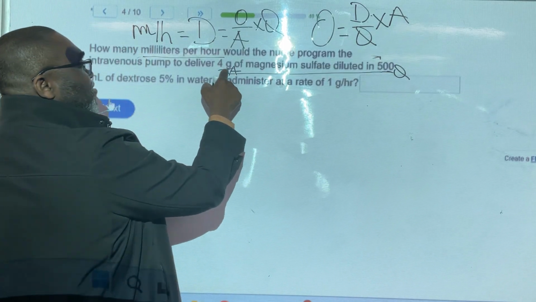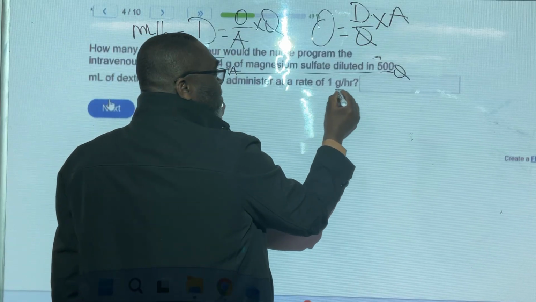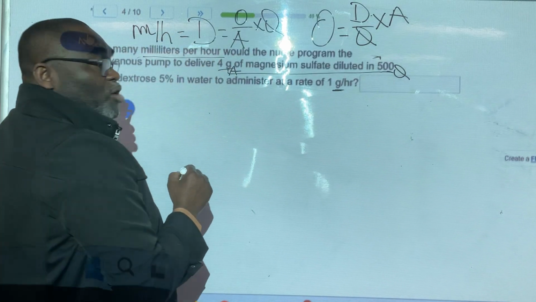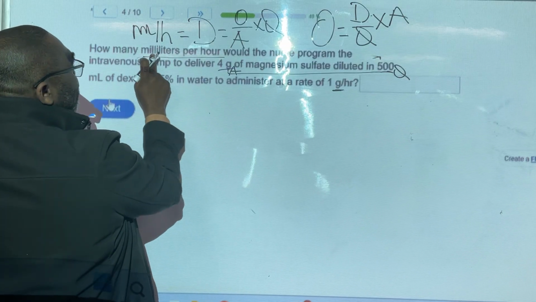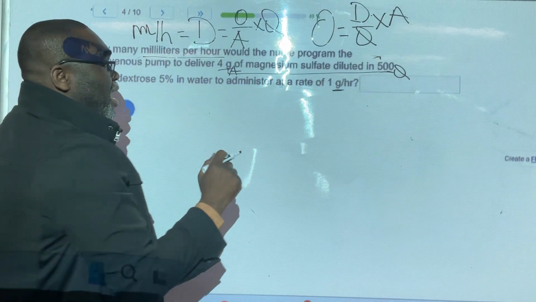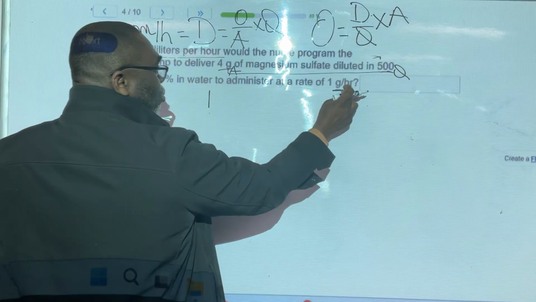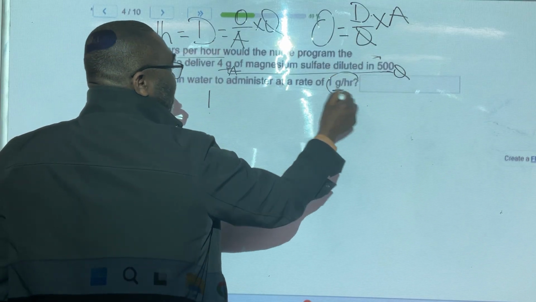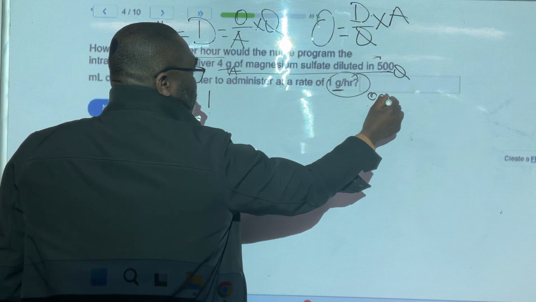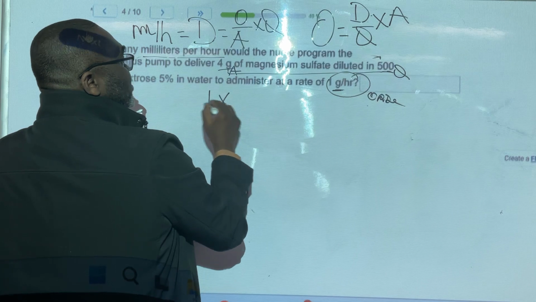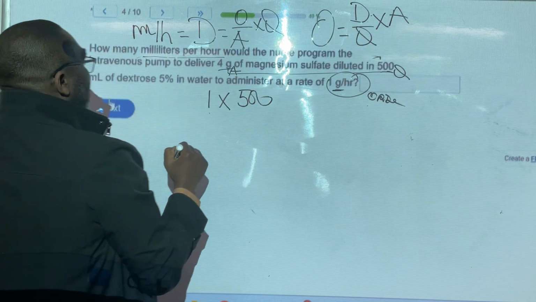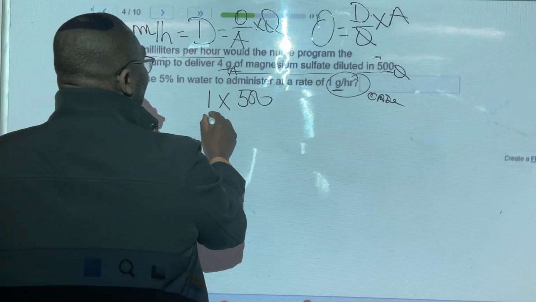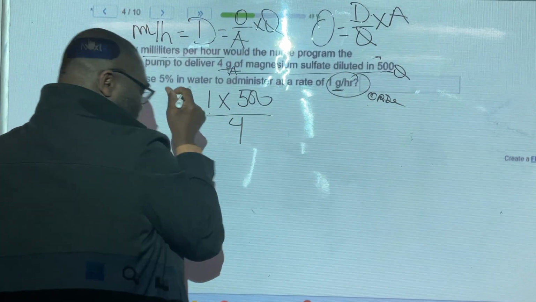Now, because my available is a gram, you have to make sure your order is in a gram as well. So here, I'm looking for my dosage, because they're asking milliliter per hour. So I'm going to do my order, which is a gram per hour, right there. This is your order. You're going to multiply that by quantity, which is 500 milliliter, and then you're going to divide it out by 4 grams.